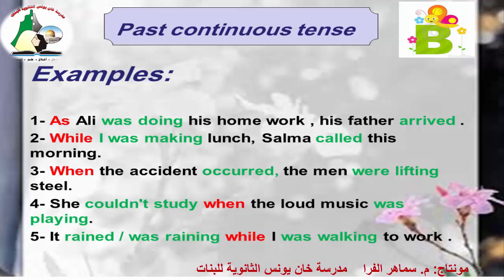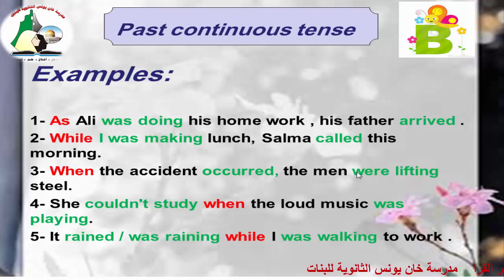Sometimes we use past continuous after while and before while when the verb refers to continuity, like rain, like play, like work, like study. All these verbs take time to happen, so they refer to continuous meaning. So it is not wrong. Okay.